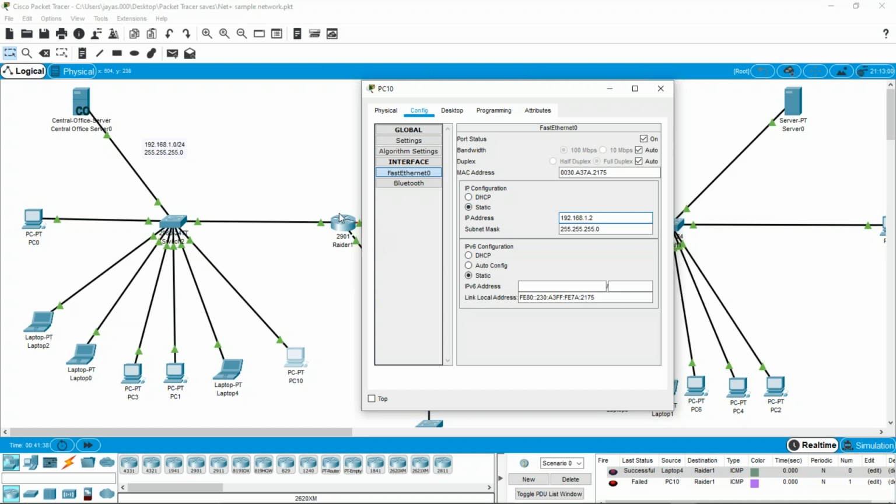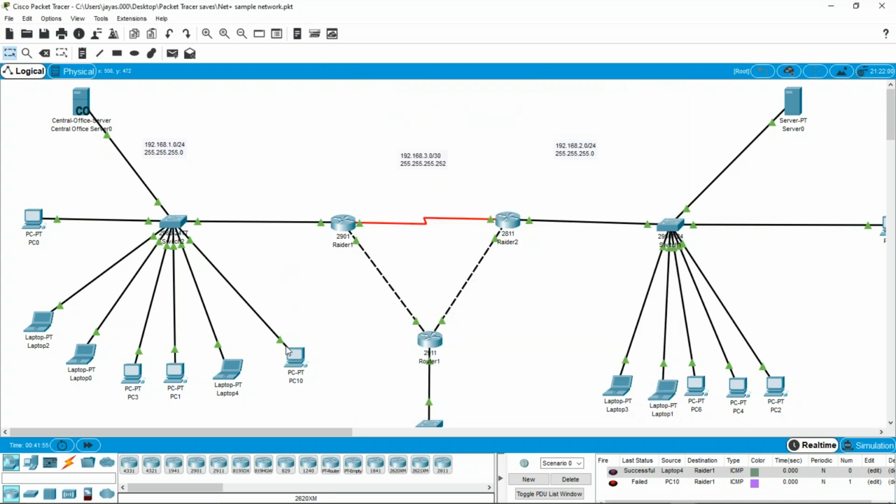So in a real world scenario, we have a DHCP server right here, so we can just click on DHCP. And this is how you avoid making mistakes like that. You just let the config do everything on its own. And now we should be able to ping the gateway. And it's successful now.